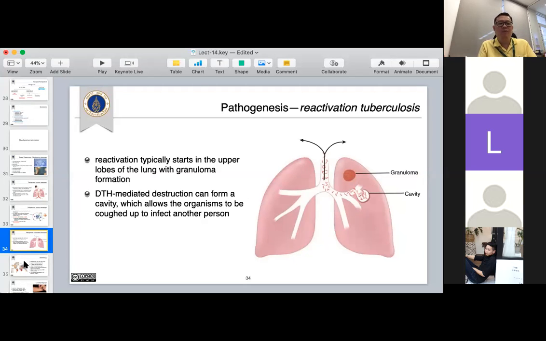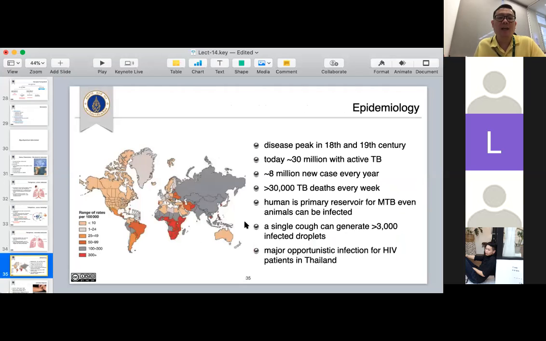Most of them are HIV positive. HIV taught us that TB never goes anywhere, but stays silent in us. So epidemiologically, TB spreads throughout the world, okay? And we lose a lot to TB.